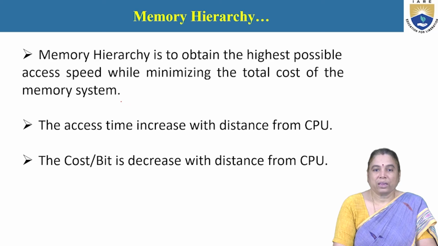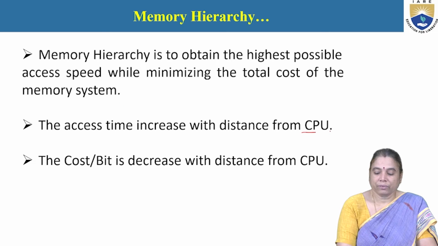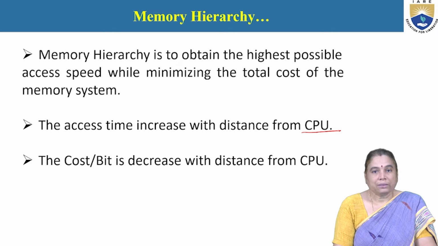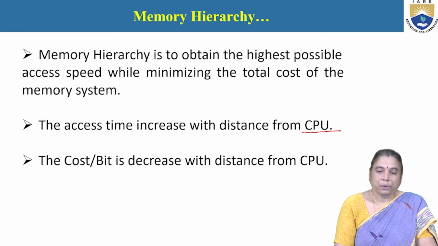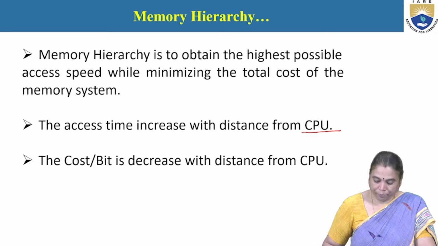The access time increases with the distance from the CPU. Cache is very near to the CPU, so the speed of access is high in the case of cache memory. The cost per bit decreases with the distance from the CPU.